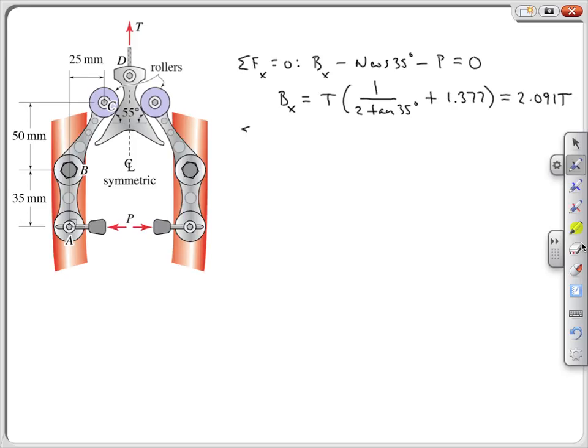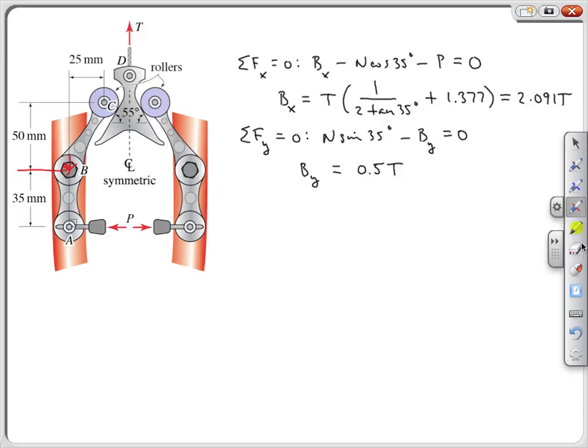In the vertical direction, we had N sine 35 minus By is 0, and that gives us By equals T over 2, or 0.5 T. This gives us the orientation of the bearing force at B, because it tells us that we've got roughly a 4-to-1 ratio between the horizontal and vertical components.